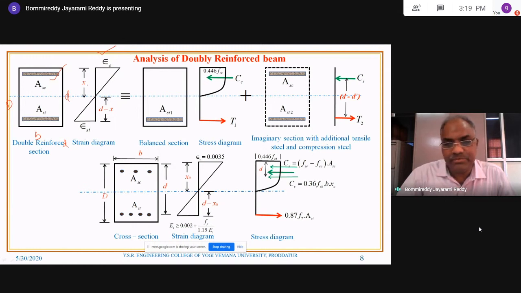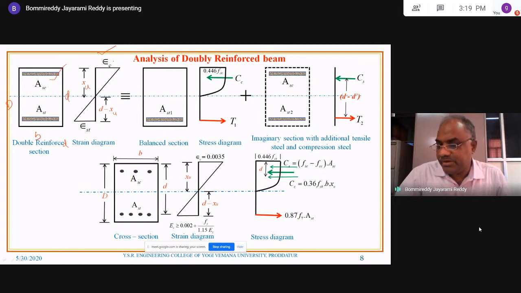Here x is the depth of the neutral axis, so instead of x, you call it xu, and d minus xu is the distance of the tensile reinforcement from the neutral axis. So this is the notation for the strain diagram.